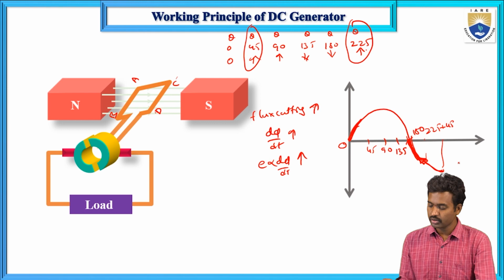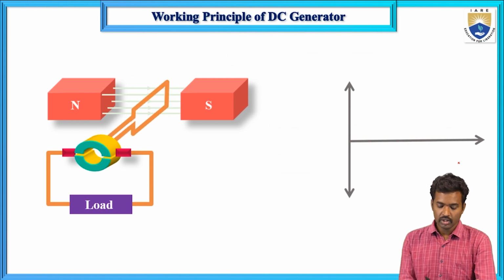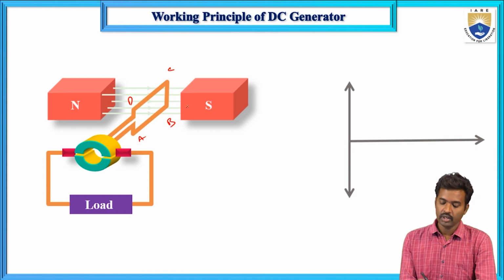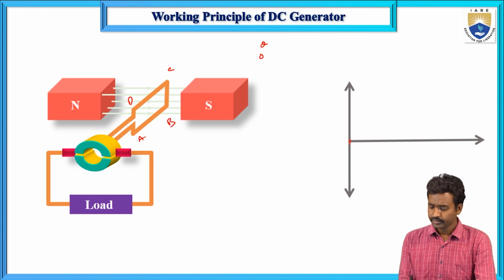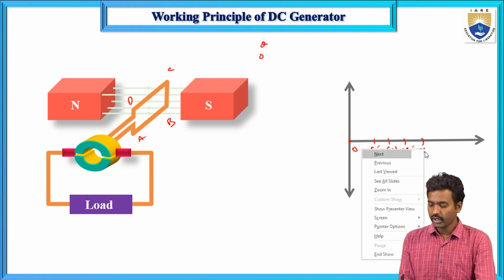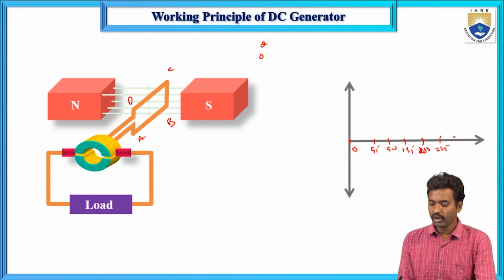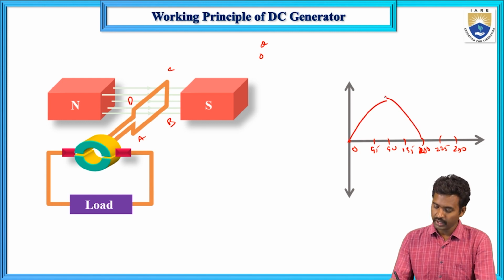So this should also increase. Here this is C and D, this is A and B. So theta equals 0, 45, 90, 135, 180, 225, next 270 degrees, increasing to the maximum value, and decreasing.